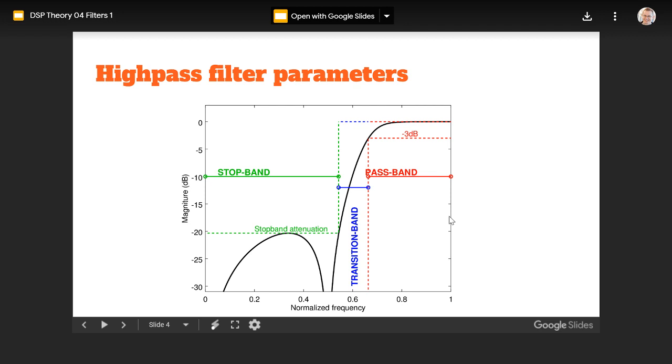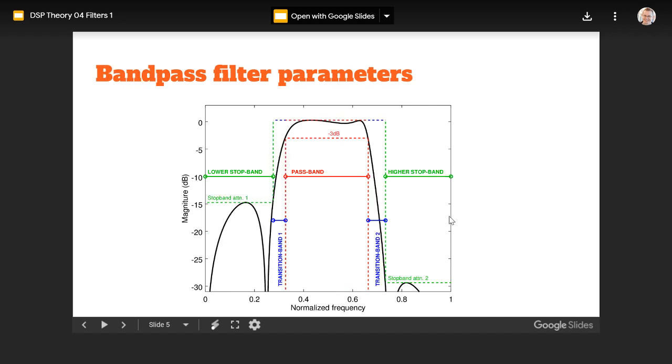High pass, same way, but it is passband at the higher end of the spectrum. But anyways, a similar box. Band pass, okay, it's basically a combination of low pass and high pass. You can think of it as cascaded low pass and high pass. So what is different here is that we have two stop bands with two different specifications.